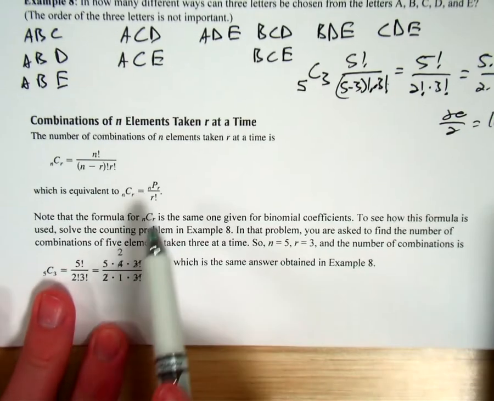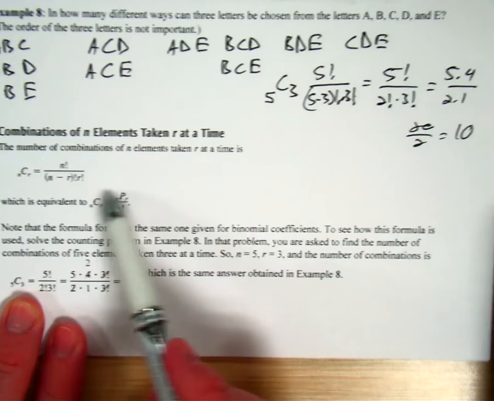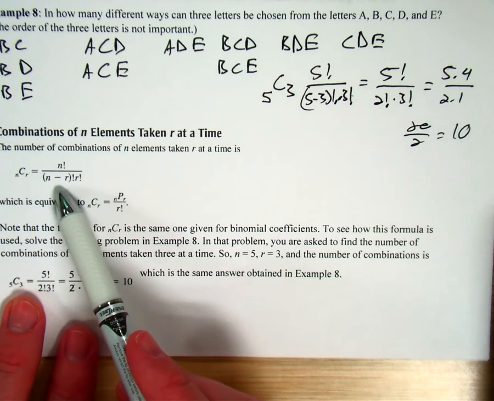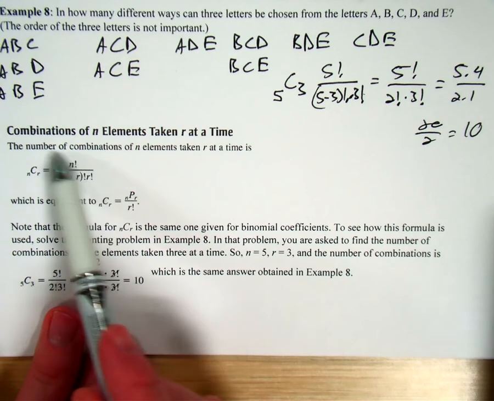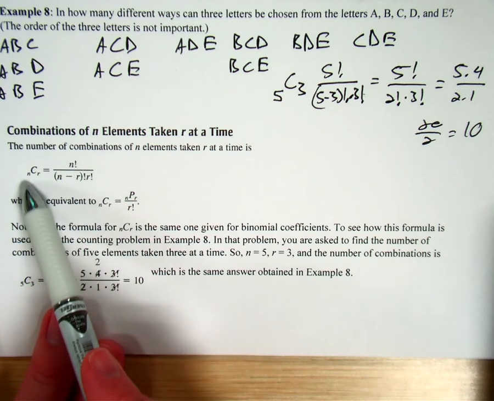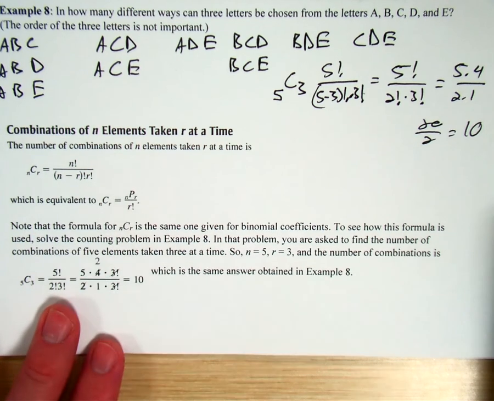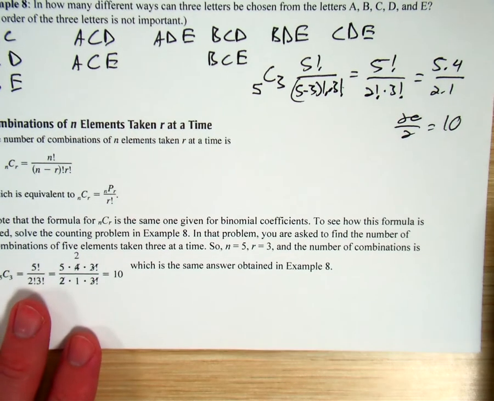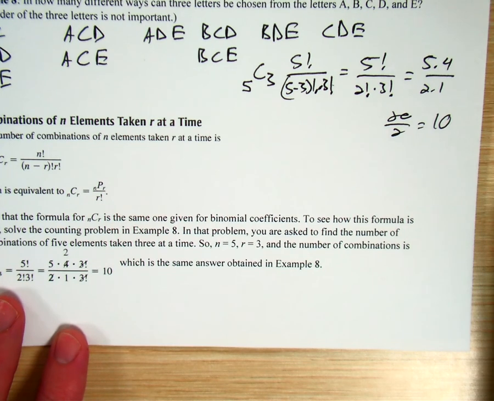The number of combinations, like we just looked at, is n factorial over n minus r factorial times r factorial. It's kind of weird that yesterday they showed us this in the notes and we used it, and then today they taught us the combinations part. Note that the formula for the number of combinations of n elements taken r at a time is the same as for our binomial coefficients.